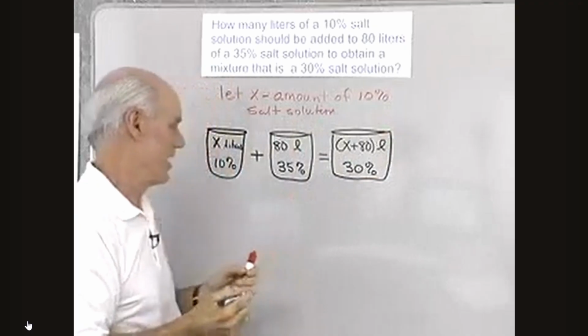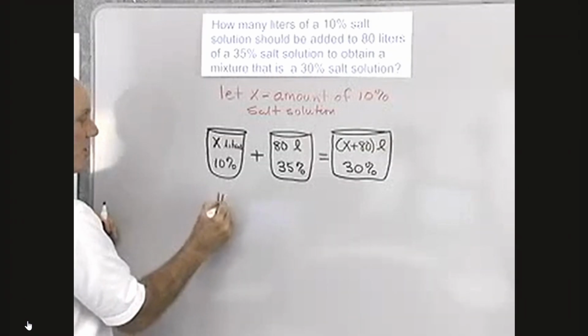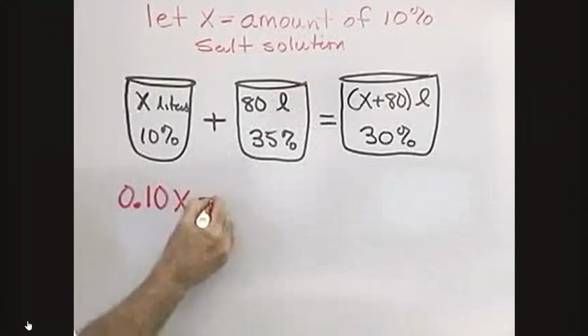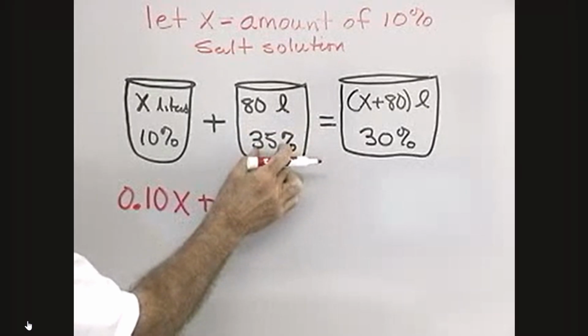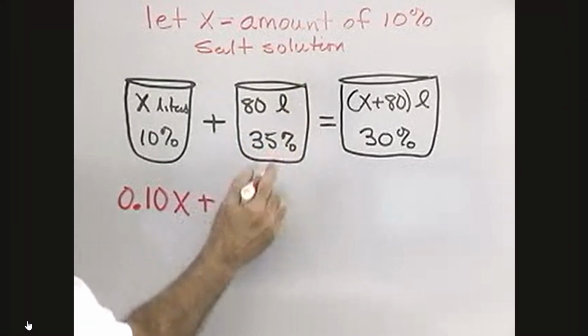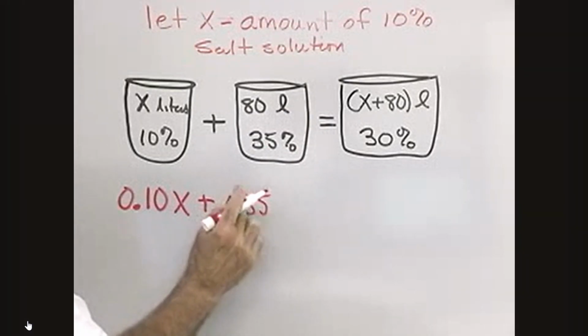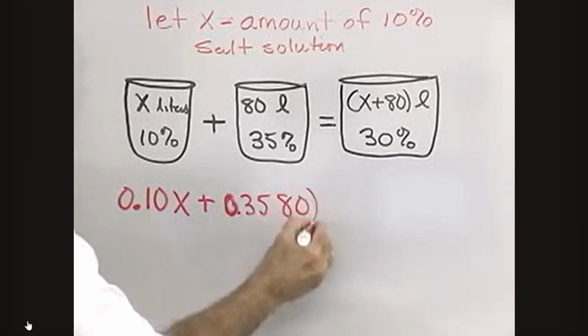So let's see if we can write an equation from that. I have x liters right here that's 10% salt. Well, that means that 10% of this x liters must be salt. So the amount of salt right here is 0.10x. Here I have 80 liters, 35% of which is salt. So the amount of salt right here must be 0.35 times 80.